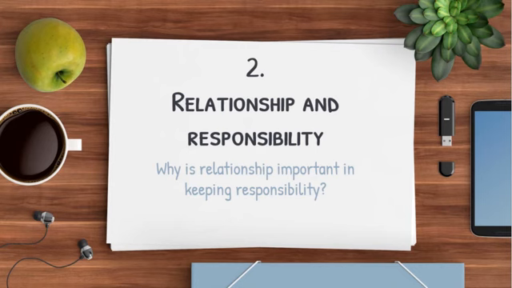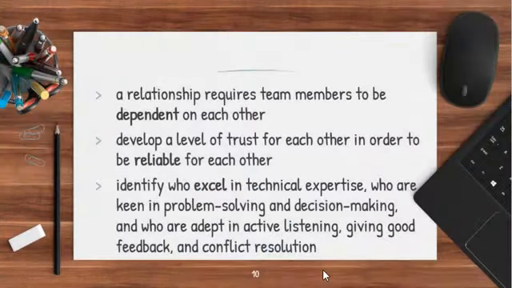After clarifying our roles, it's also important for us to look into our relationship and responsibility. So the question here is, why is relationship important in keeping responsibility? So we have our own responsibility here, but we also have to remember our relationship with other people. A relationship requires team members to be dependent on each other.